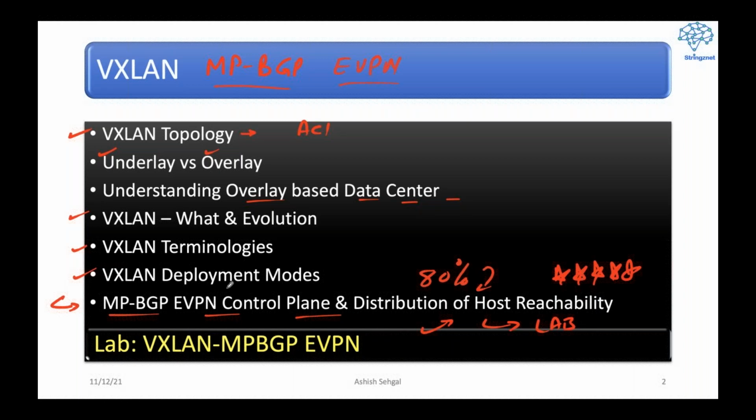Something is imperative from your side. Before we come to this particular point, I would request you to get a good revision and understanding of BGP, Border Gateway Protocol. And if you can add the multi-protocol concept of BGP, please do that as well.